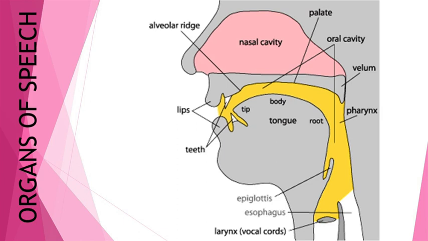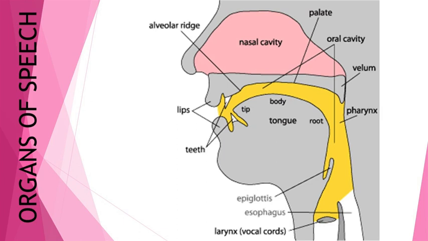When the velum is raised, the air coming from the lungs comes out through the mouth, but once it is lowered, the air comes out through the nasal cavity. Those are the functions of the velum, lowering and lifting itself to produce the nasal sounds and the oral sounds.